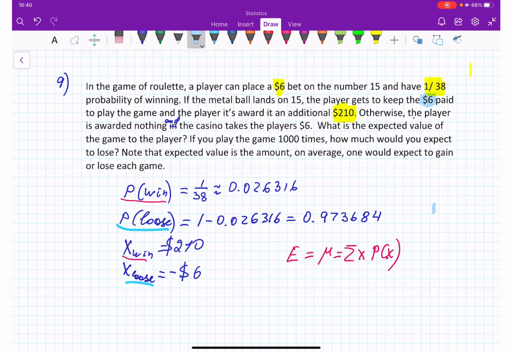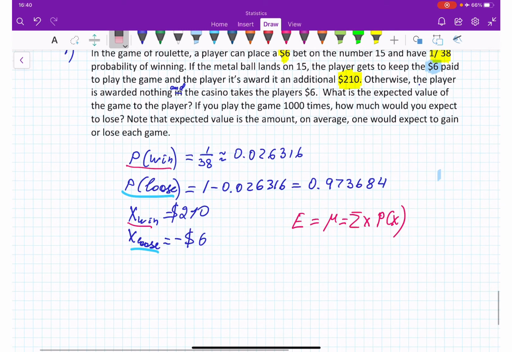Which means we don't need to subtract $6 from 210, because the player keeps it and gets $210. All right, so let's solve it.